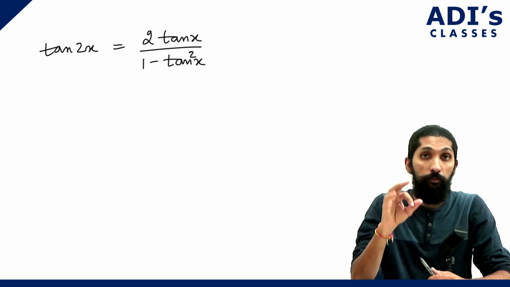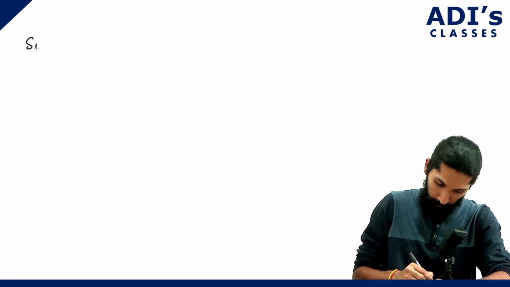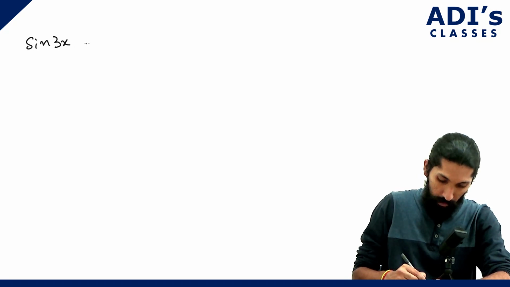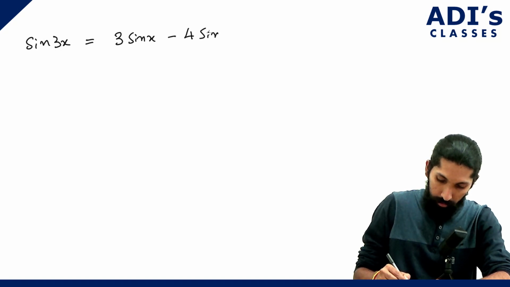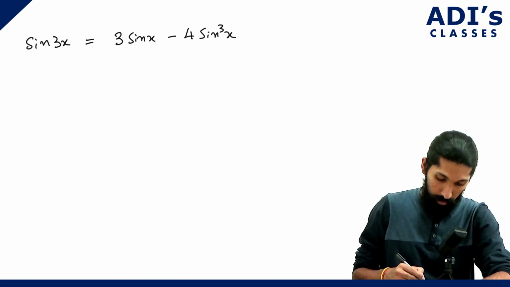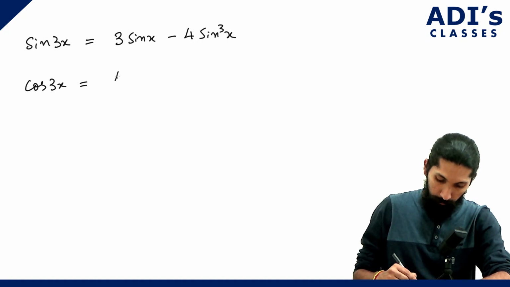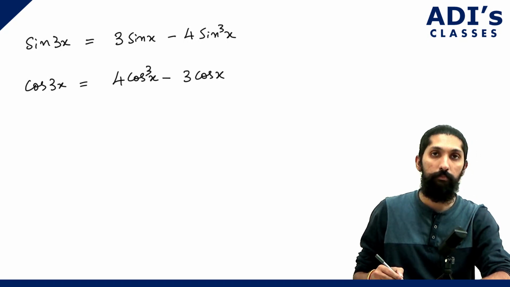Now we'll do the same thing for 3x. First we have sine 3x. Sine 3x is 3 sine x minus 4 sine cube x. This is the first one. Next is cos 3x. This is 4 cos cube x minus 3 cos x.